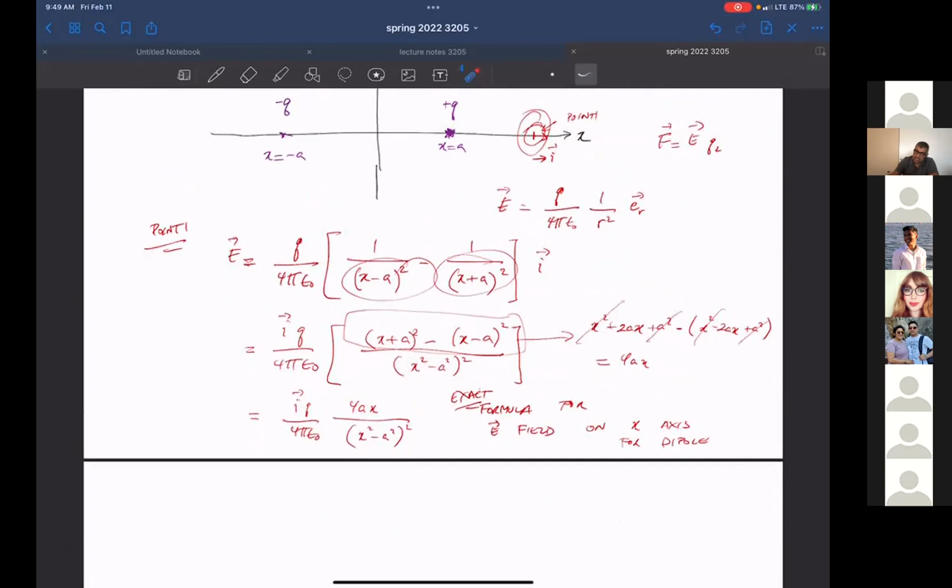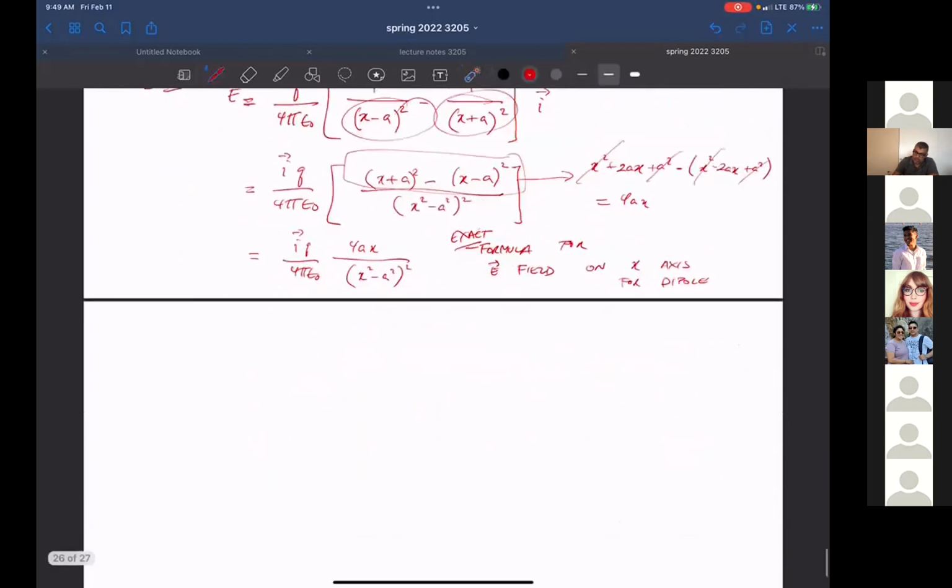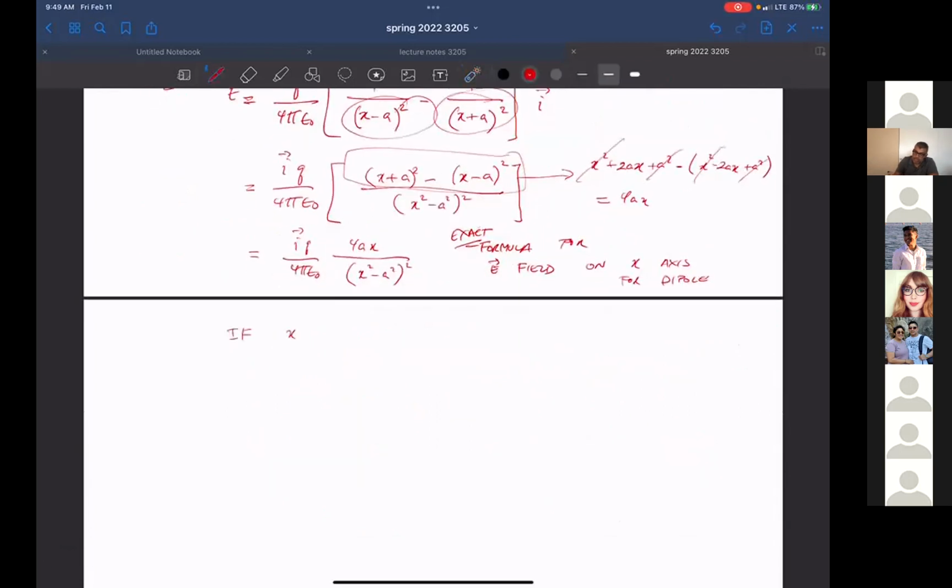So if x is much bigger than a, what would happen? This is far away from the dipole on the x-axis.